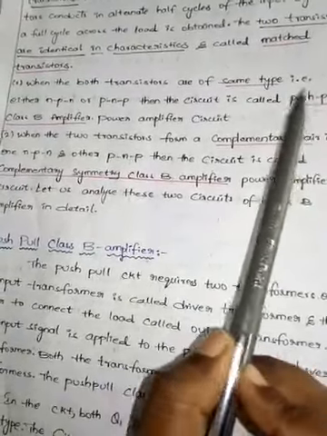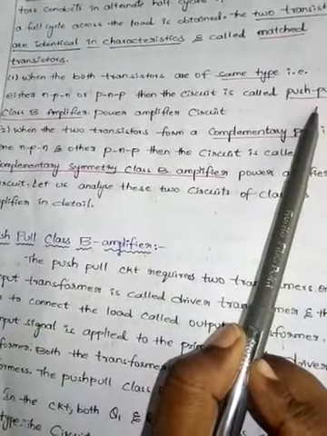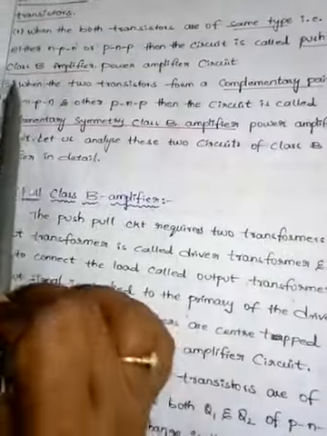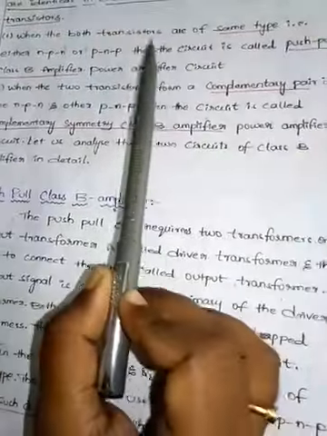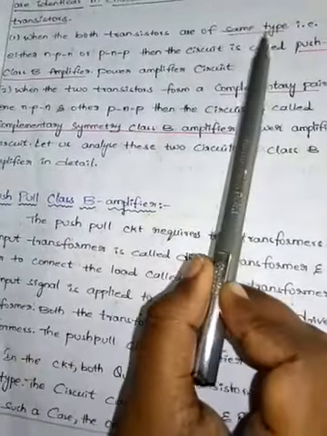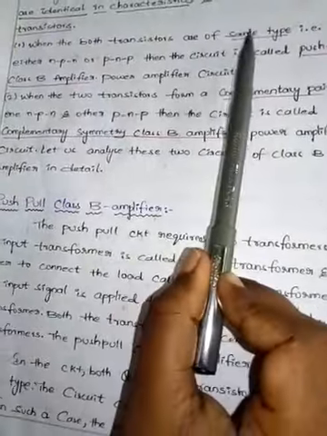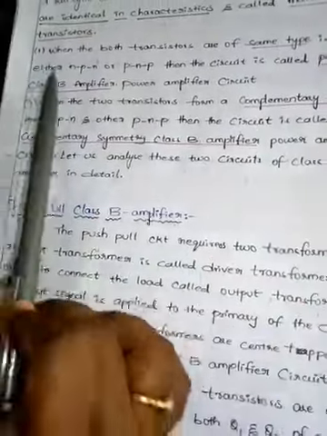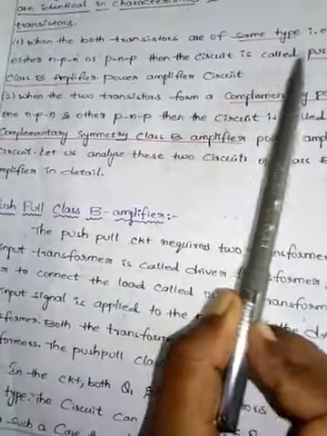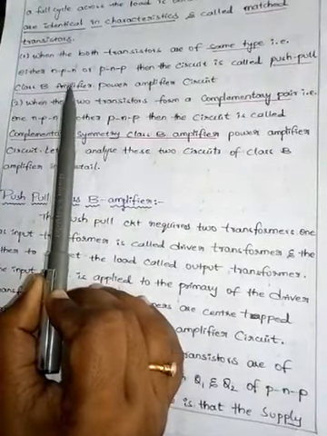Now, what is this push-pull class B amplifier? We already saw in the starting introduction that in the case of a push-pull class B amplifier we need to use both transistors of the same type. If we use both transistors of the same type, either NPN or PNP, then we say it is a push-pull class B amplifier.